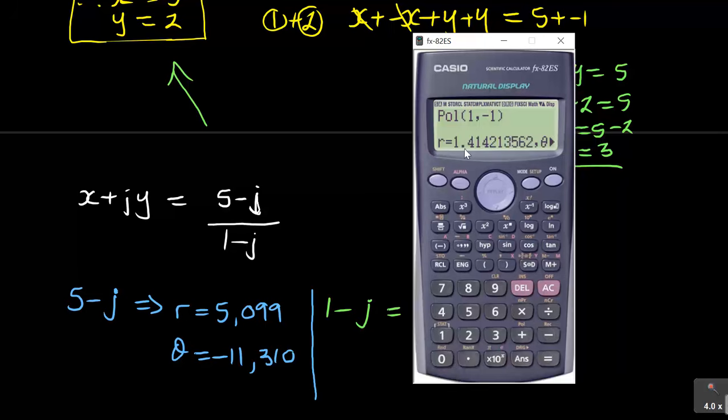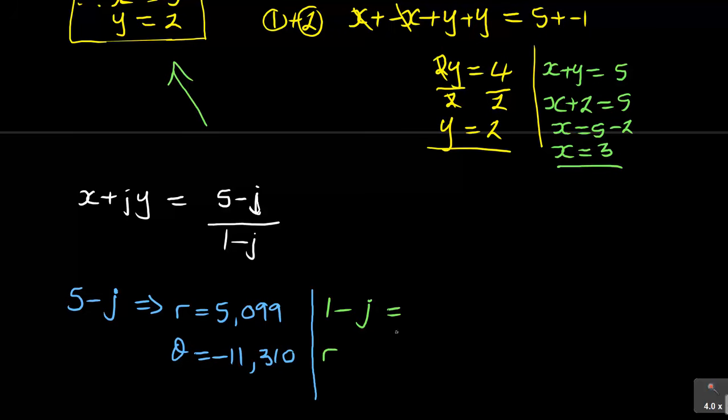What I have, r is 1.414 to 3 decimal places, and theta is equal to minus 45. Theta is simple there, it's minus 45, but r is equal to 1.414.